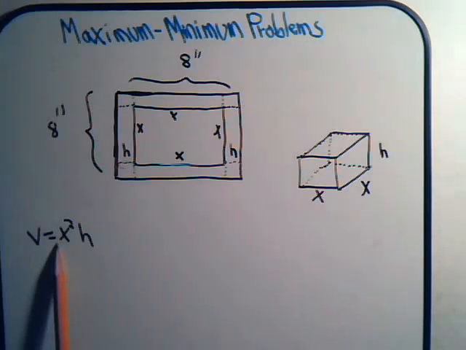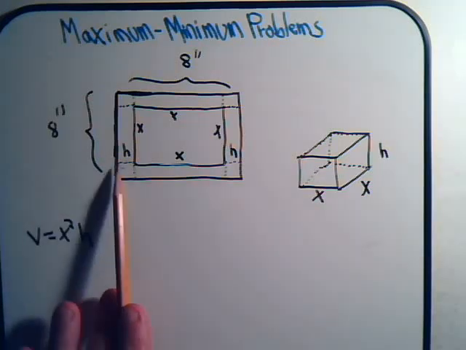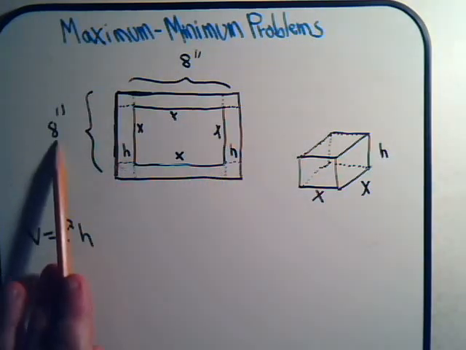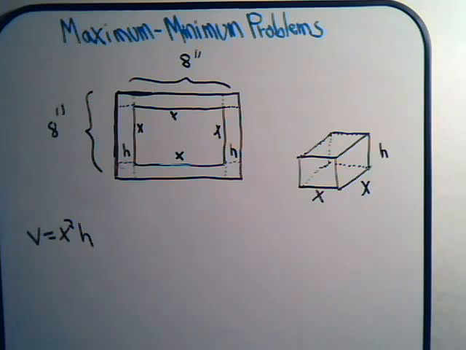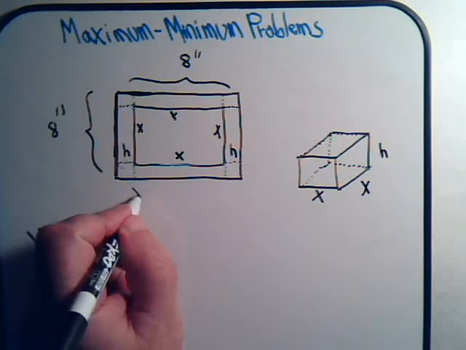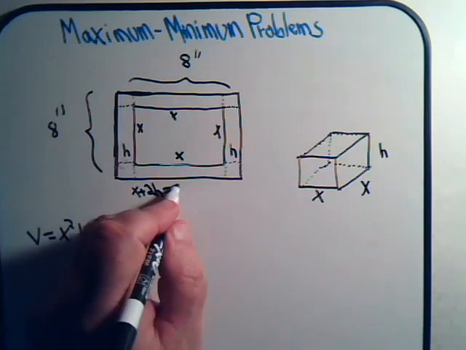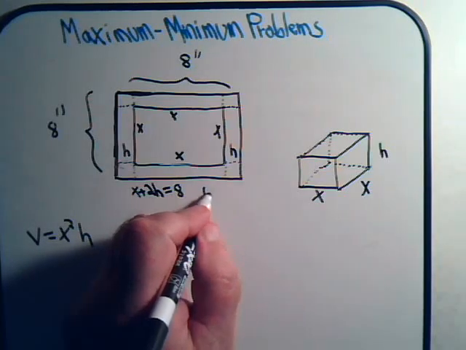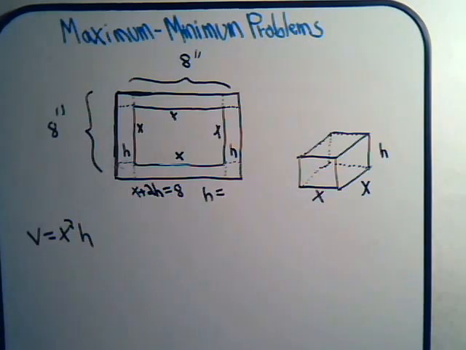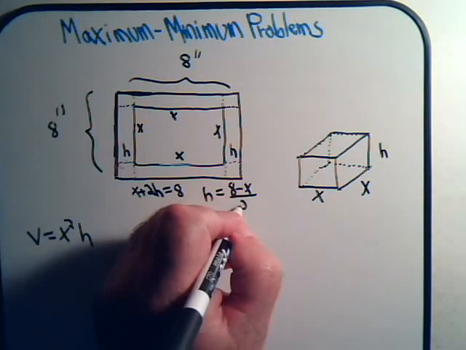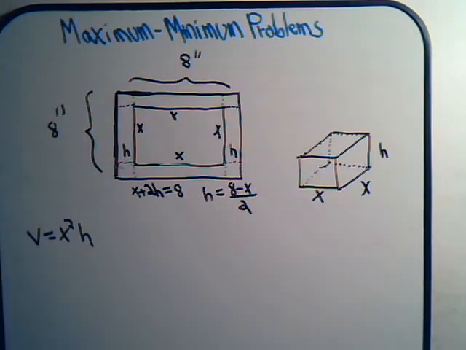And the way we have the problem laid out, that shouldn't be too difficult for us to do, because we know that H plus X has to equal 8 inches. So X plus 2H equals 8, or H will equal 8 minus X divided by 2.